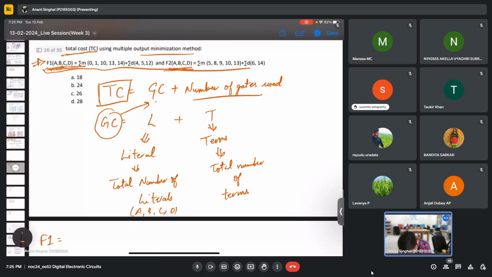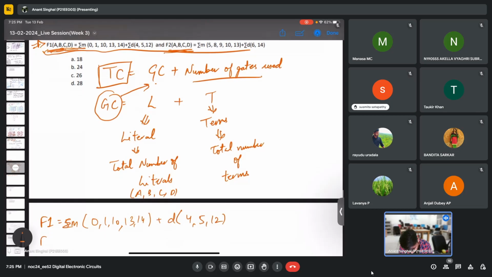F1 is the minterms 0, 1, 10, 13, 14, and we have don't cares of 4, 5, 12. Similarly, we have F2 which is the minterms 5, 8, 9, 10, 13, and don't cares of 6 and 14.